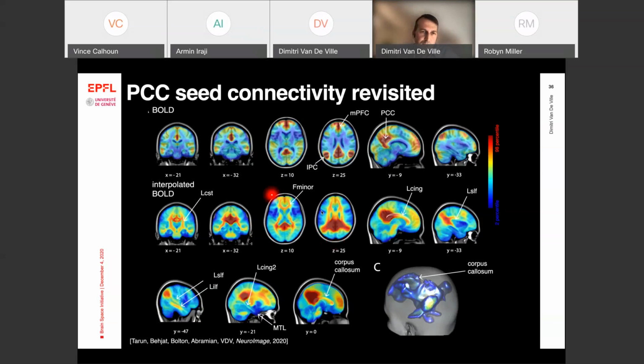And you see that various well-known white matter tracts are indeed engaged to explain our PCC seed connectivity pattern. It's very nice to get this kind of result without an explicit thresholding of the original map followed by tractography. This is fully data-driven by the original data and the inpainting of it.